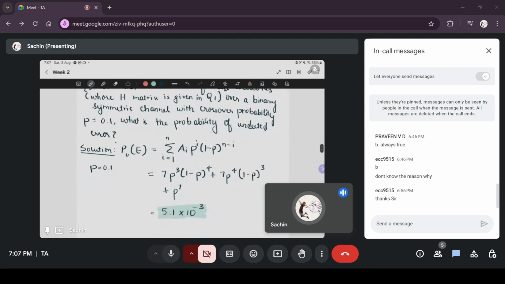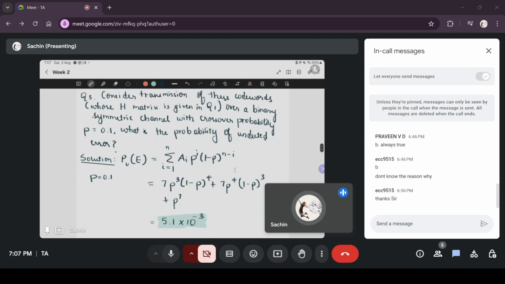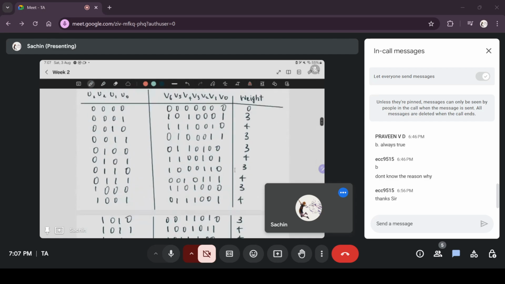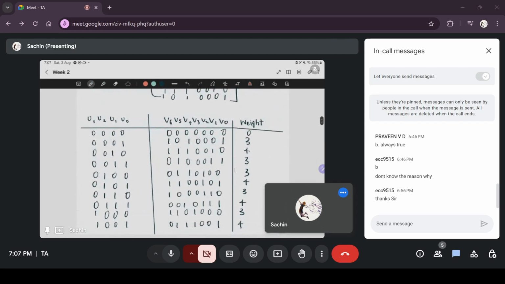Only problem in that case is you can't write a simple direct formula like this, because when you try to find the probability of this code word changing to the second code word, changing to the third code word, 1 changes to 1 with probability 1 minus p, and 0 changes to 1 with probability p, and again 1, so 1 minus p again.